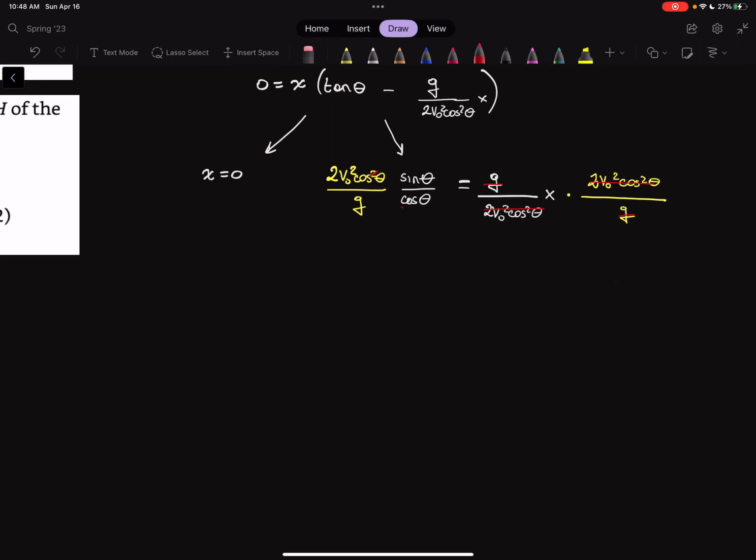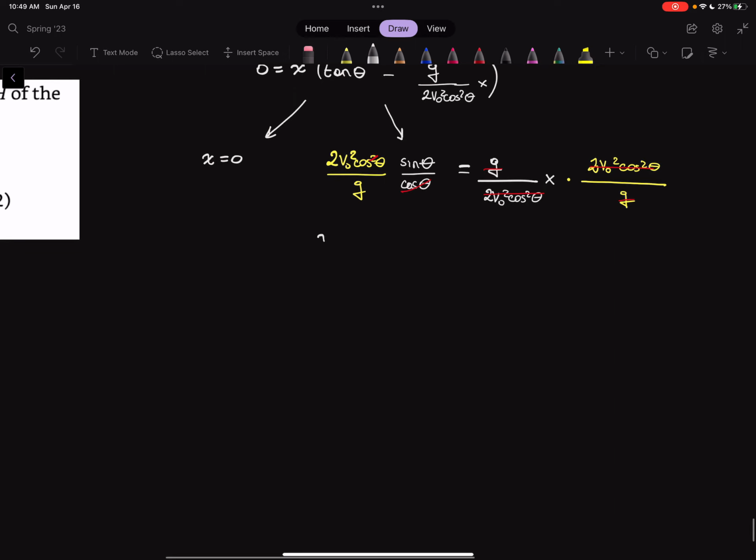So I can say that my x, if I flip this equality, is equal to 2 v naught squared sine theta cosine theta, all of that divided by g.